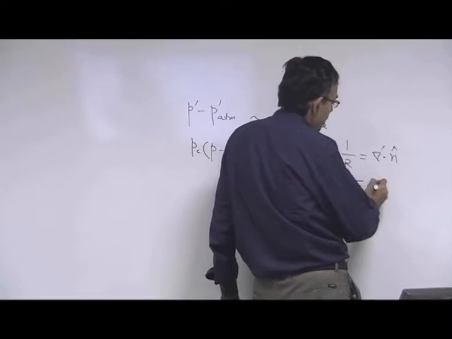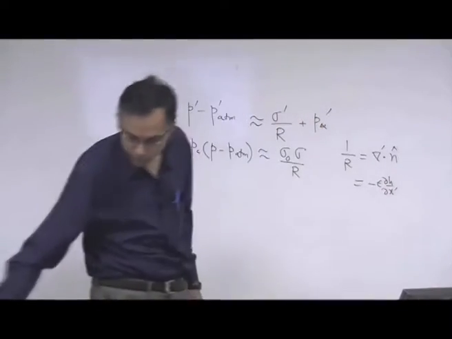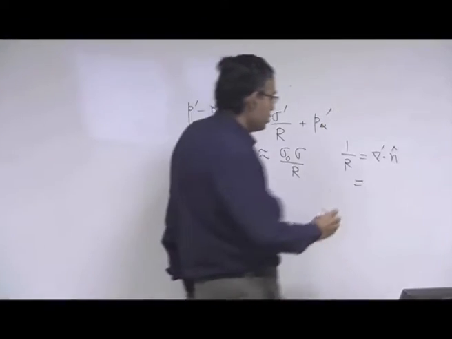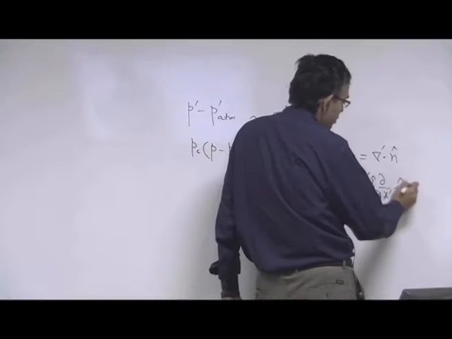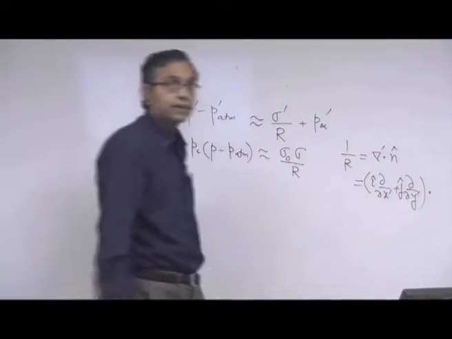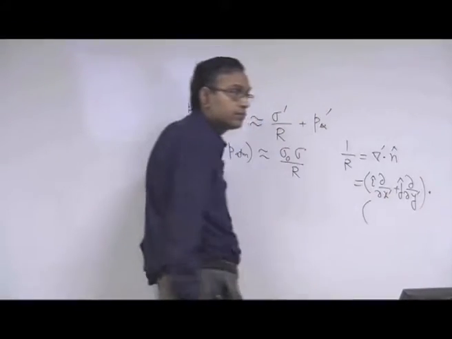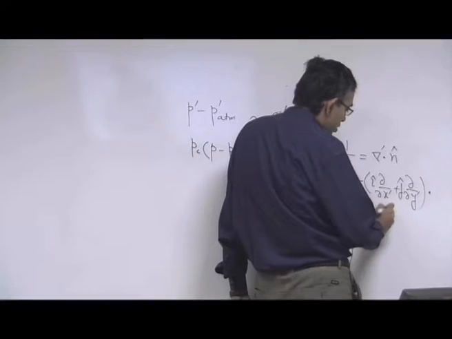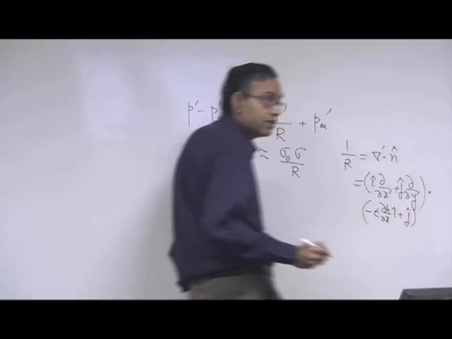So this is minus epsilon del h del x, sorry, first let us write the del dash operator. So i del x dash plus j del y dash, dot product with n. So what is n? Minus epsilon del h del x i plus j, right, this was n.